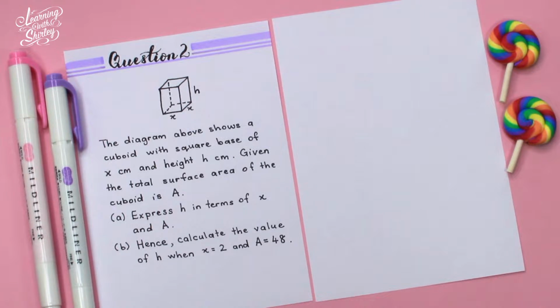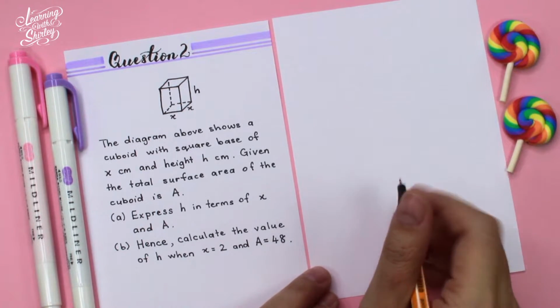For question 2, the diagram above shows a cuboid with square base of x cm and height h cm. Given the total surface area of the cuboid is A. A. Express h in terms of x and A, and B. Hence, calculate the value of h when x is equal to 2 and A is equal to 48. To solve A, we find the total surface area formula first.